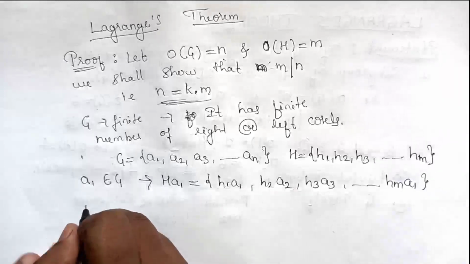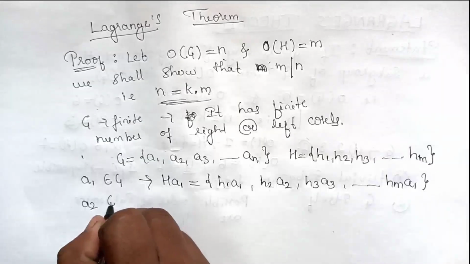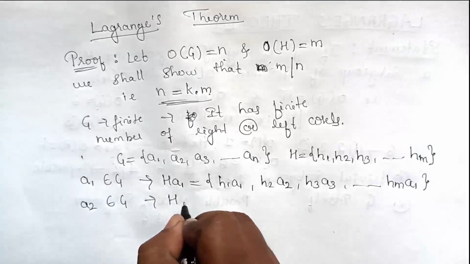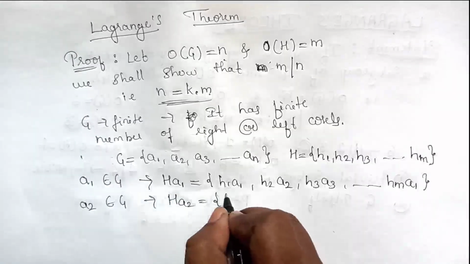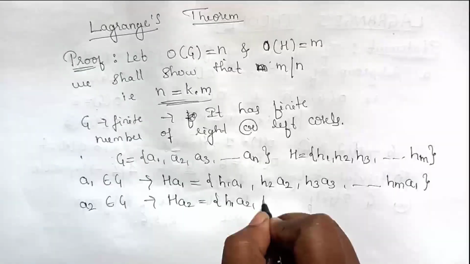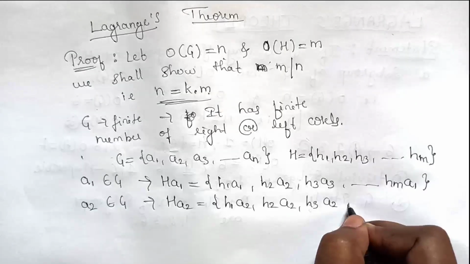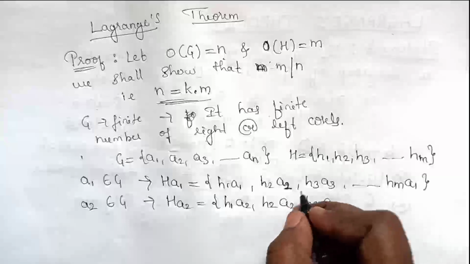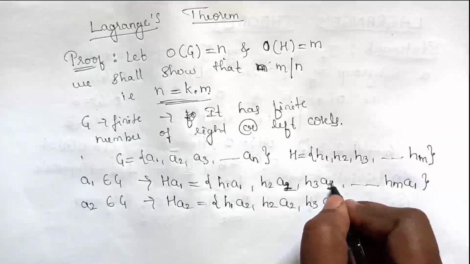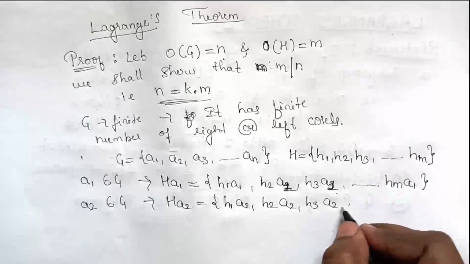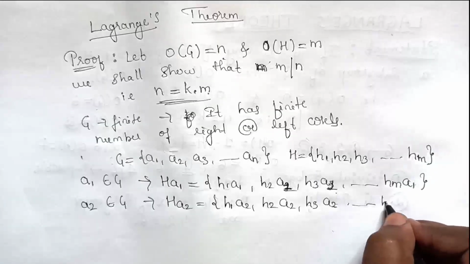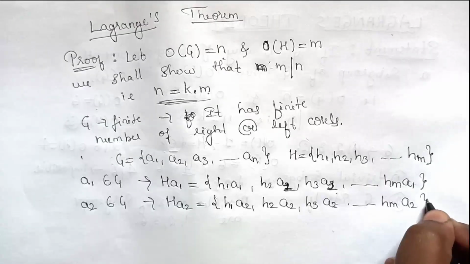Similarly, let a2 belong to G, then Ha2 is h1a2, h2a2, h3a2 and so on up to hma2.